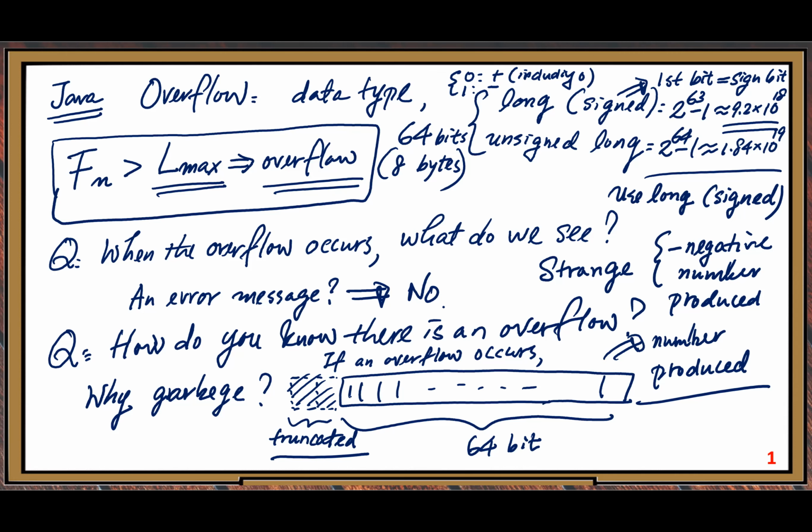Usually when you pass 92, 93, if you use the long integer, you may get a negative answer. That must be wrong. So that is the story behind the overflow.